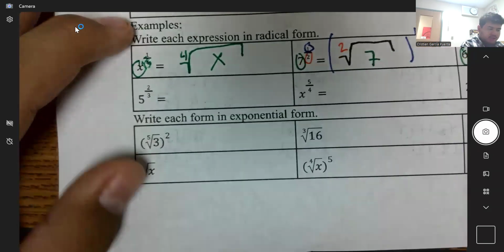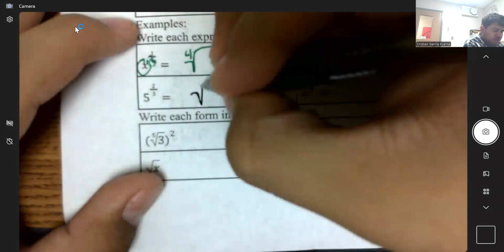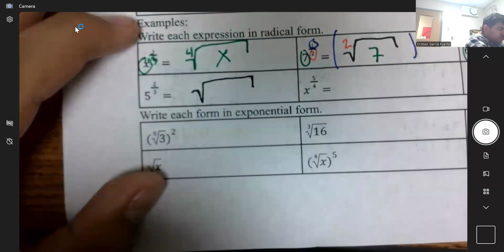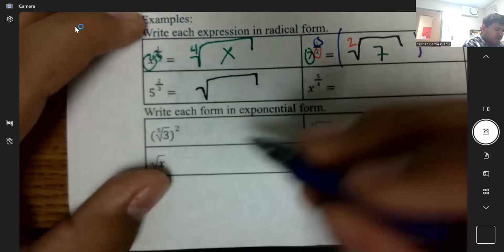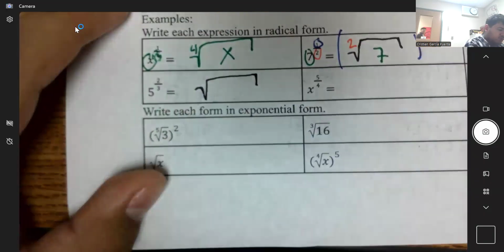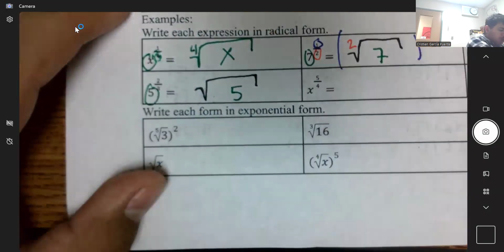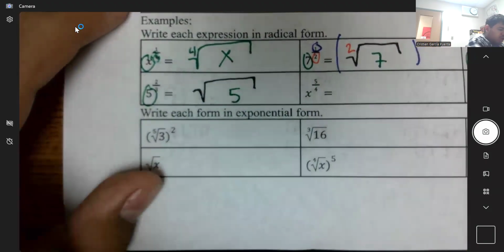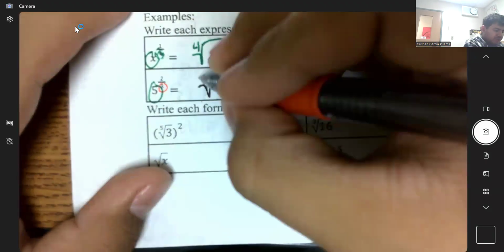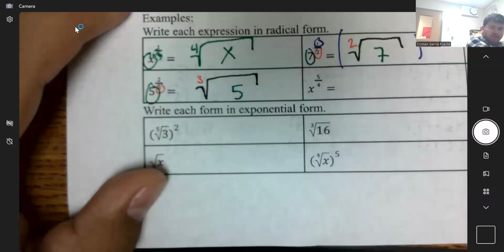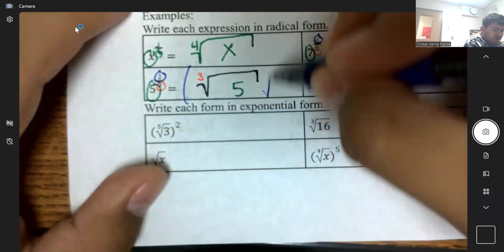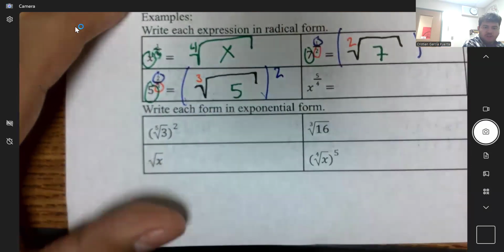All right, this one over here, make your radical first. Green is what you're putting inside. Bottom number of the fraction is what you're putting on your index, and the top number is what you're putting the whole thing to the power of.